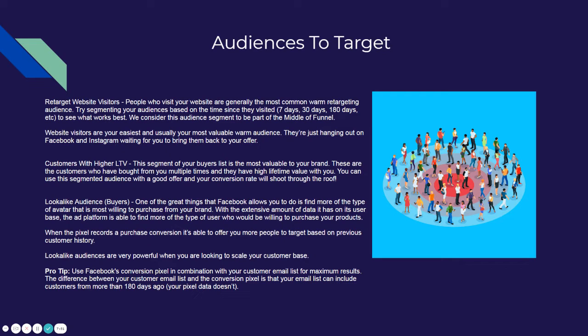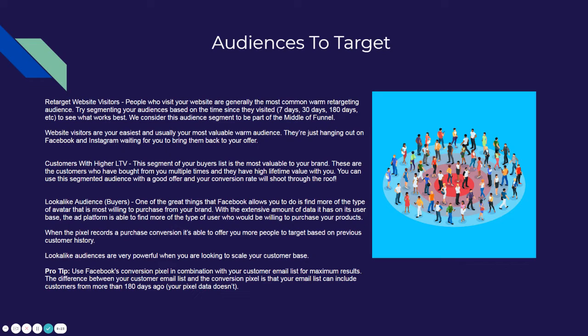But you've got to have multiple purchase conversions first before Facebook can spit out this type of audience. We recommend around 100, 150 purchase conversions before Facebook is able to say, okay, these people would be most likely to purchase based on the data that we're acquiring.